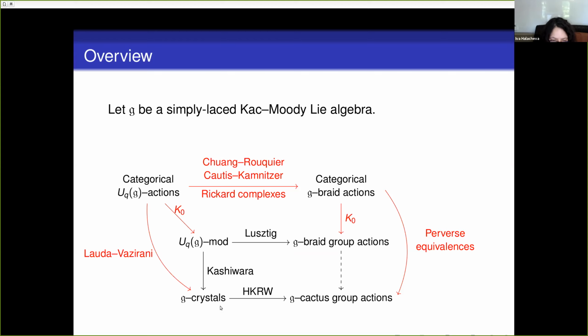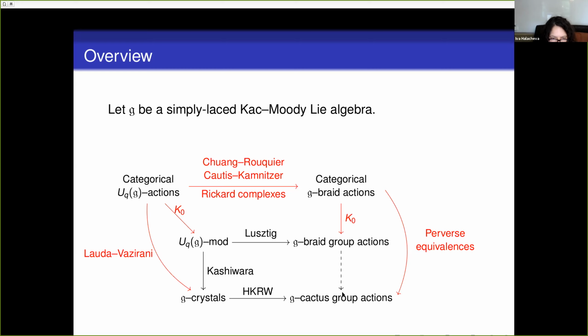In work with Joel Kamnitzer, Lenya Rybnikov, and Alex Weekes, we've shown that for a given G crystal, you can define an action on that by a so-called cactus group defined for this Lie algebra G. These downward arrows, we would like to think of as the freezing arrows, or the q goes to 0 limit. But in particular, we'd be interested in studying this dashed arrow on the right.